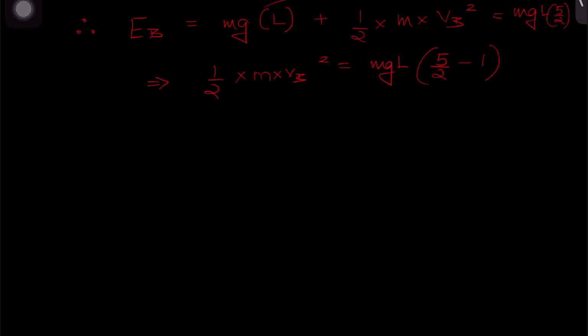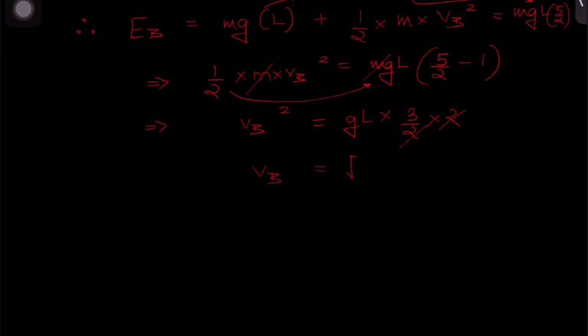We can cancel m from both sides. vB square is equal to gL into 3 by 2 into 2. The 2 will get cancelled. Therefore, vB is equal to root 3gL.